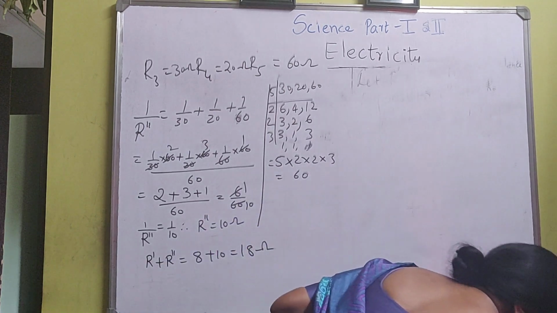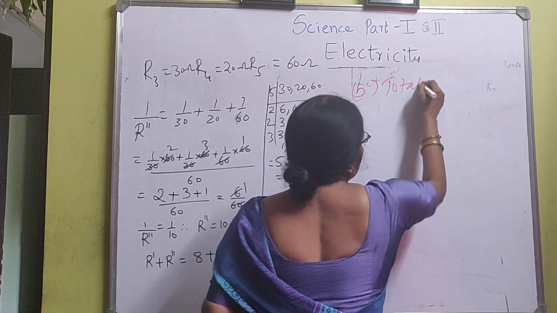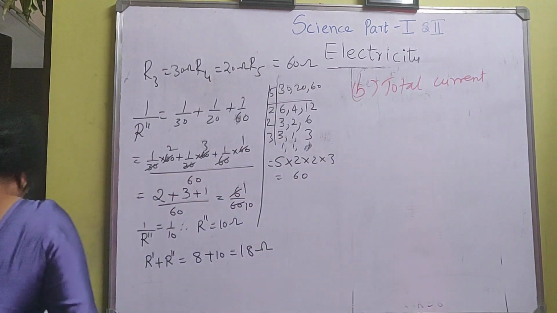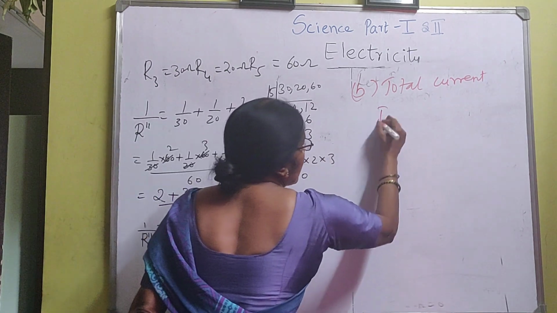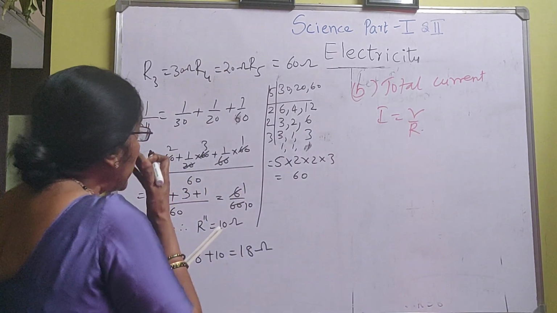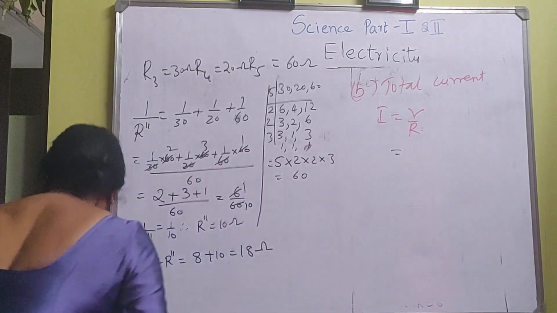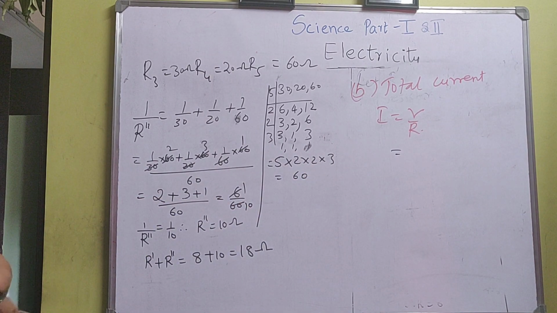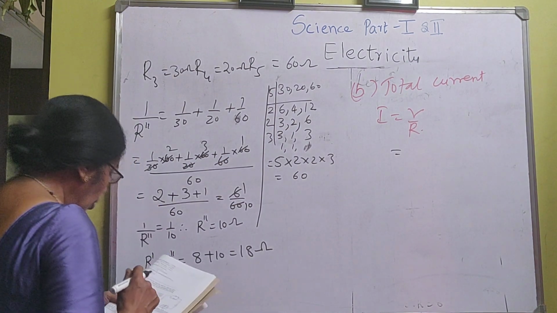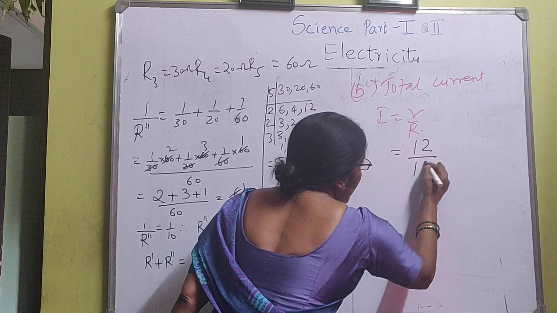Next, the last thing we have to find out is the total current. According to Ohm's law, the total current can be given as I is equal to V by R. The total resistance is given as 18 ohms and the total potential difference is 12, so 12 by 18.